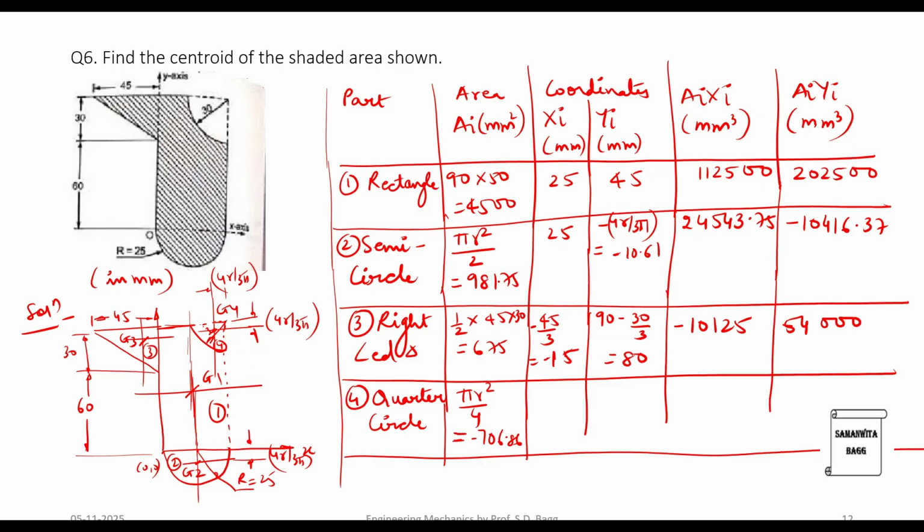So it is 50 minus 4r by 3 pi, which makes it to 37.27. This height from here to here is 90. This gap is 4r by 3 pi. So it is 90 minus 4r by 3 pi, and we get the value as 77.27. Then we just have to multiply. So we get minus 26344.67, and here we get minus 54619.07.